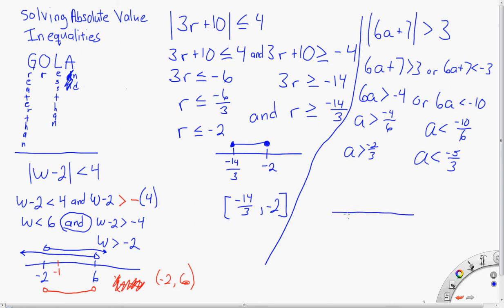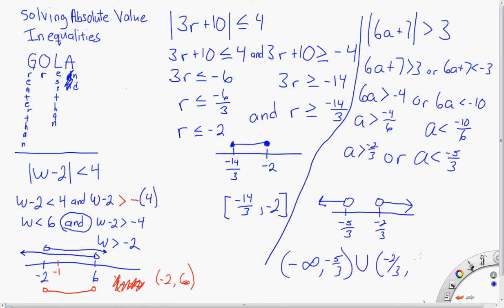So we get our number line, negative 5/3 and negative 2/3. A is greater than, so it's strictly greater than, so I have an open circle. And less than, and since this is an or, these can happen, so I will have negative infinity to negative 5/3 union negative 2/3 to positive infinity.